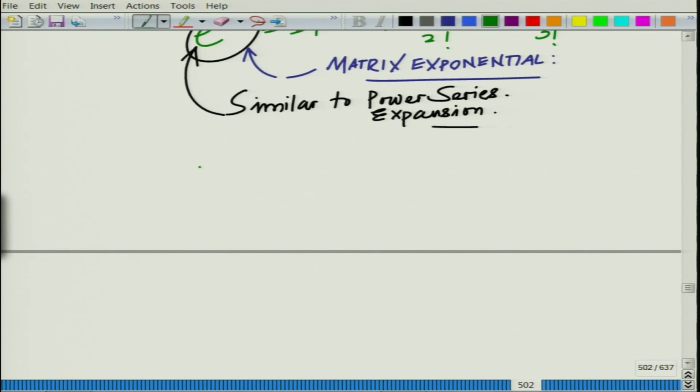Okay. So, let us look at some simple computations of this. For instance, e raised to the power of t times the identity matrix. What is this going to be? Example, this is going to be I plus t times I plus t square times I square divided by 2 factorial.